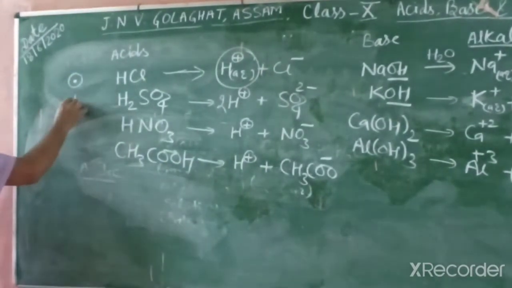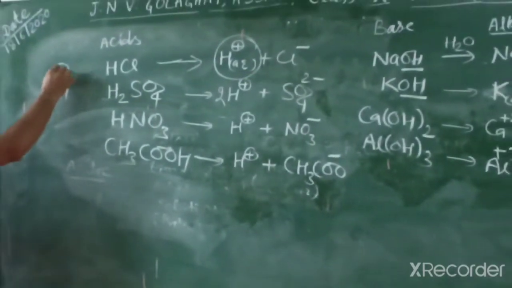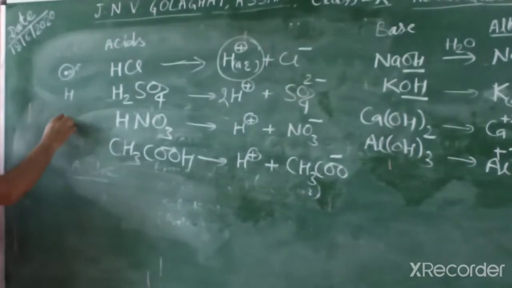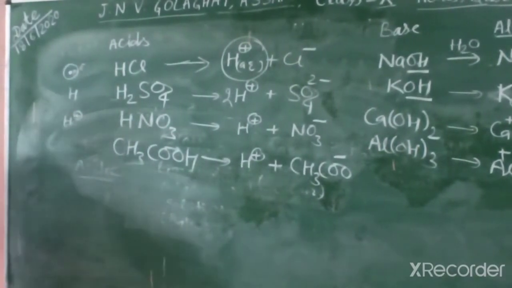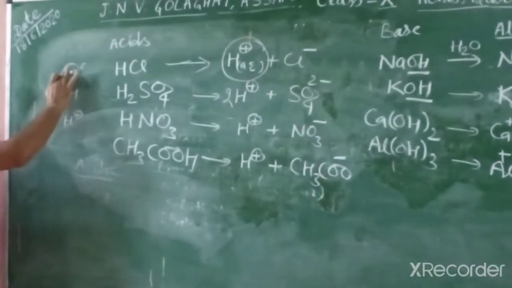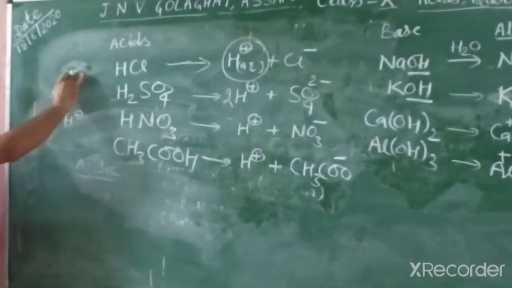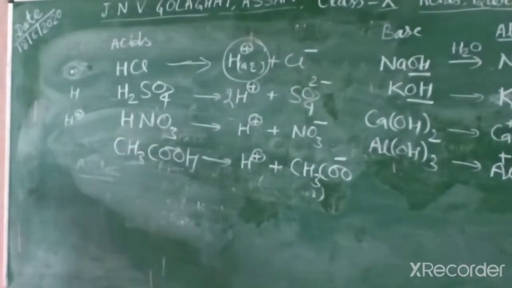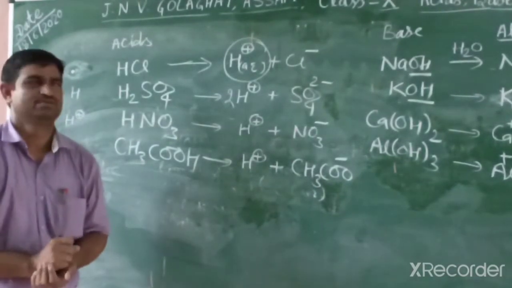How can we write H plus? H plus means we have to remove this electron. When we remove this electron, we get H plus. So a single proton does not exist.